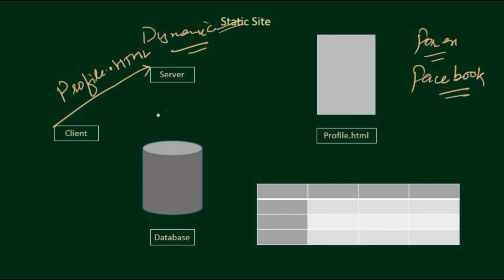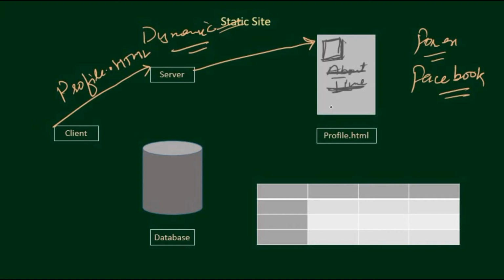Now the server looks for profile.html, but the problem with profile.html is that it only has the information that there's going to be a pic, but doesn't know the address of the pic that is going to be placed in. It has some information that there's going to be something about some timeline and context.